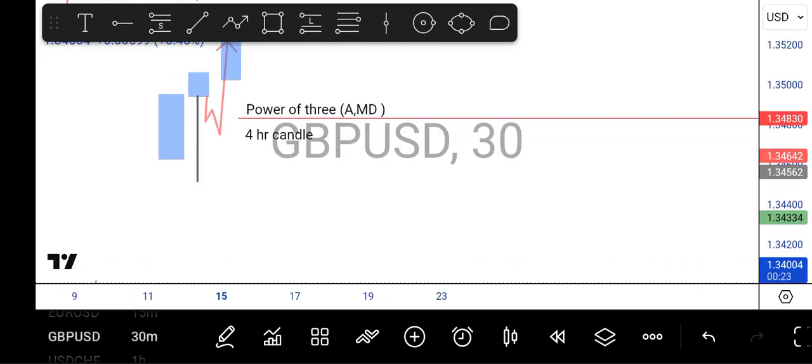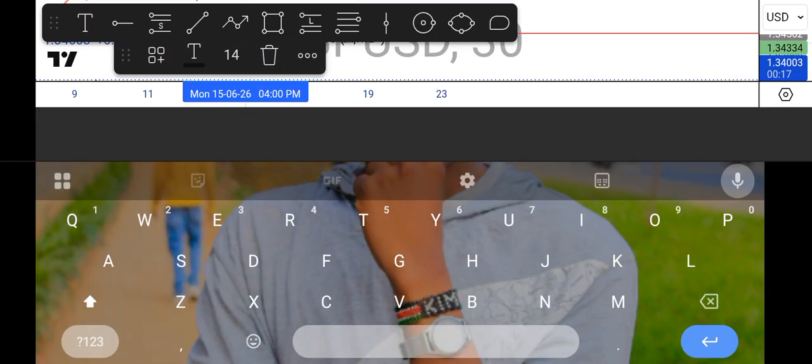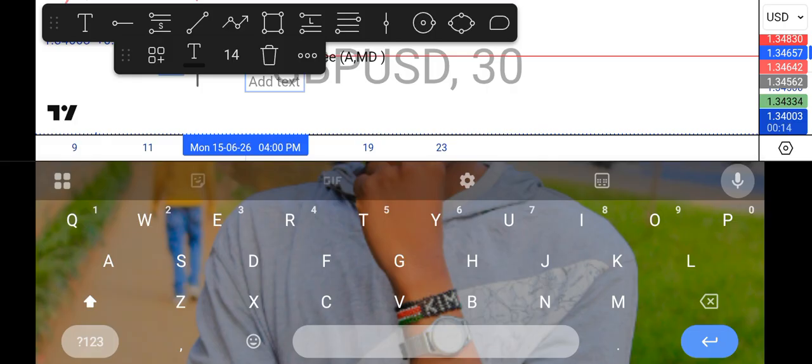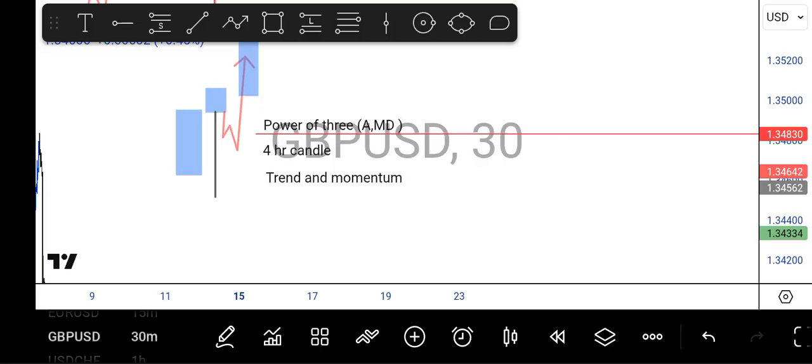So another thing that I'm looking at is entry. I'm looking at trend and momentum.